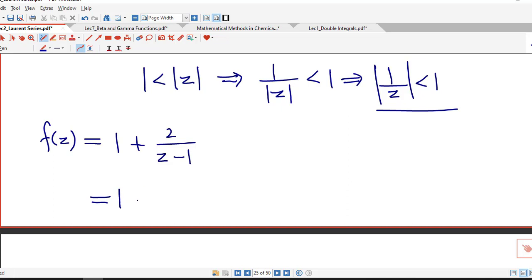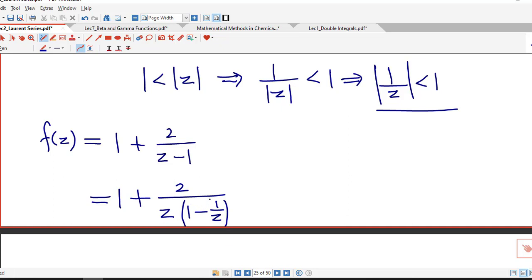So we have to take z common here. If I take z common, I will have 1 minus 1 by z, because I have to divide by z. If I multiply with z, I will have z minus 1. So I rewrite z minus 1 as z times 1 minus 1 by z. You can multiply with z to confirm. If we multiply with z, we have z minus 1.